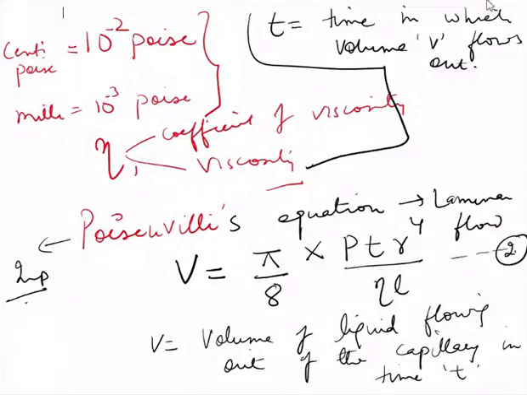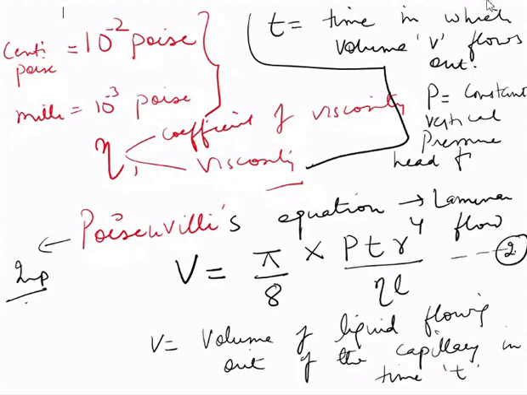Okay. Talking about P: P will be your constant vertical pressure head for maintaining uniform volume flow rate, for maintaining uniform flow rate.